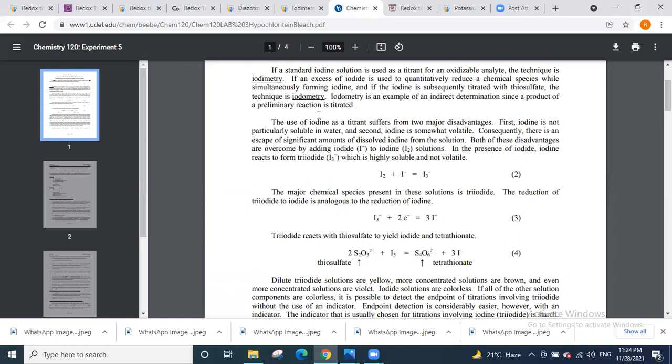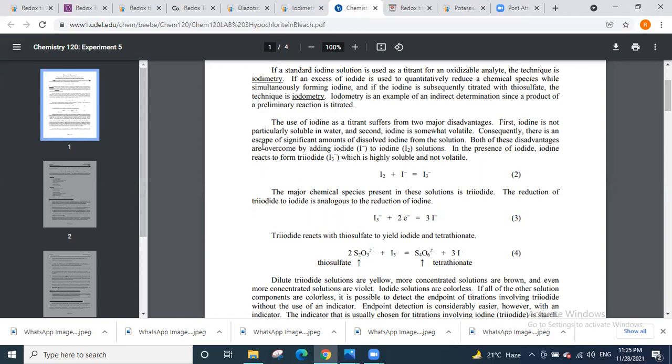This is why it is considered a secondary standard: first, iodine is not particularly soluble in water, and second, iodine is somewhat volatile. We also observe in the lab that iodine is mostly stored in an amber glass bottle, because iodine is also photolabile.